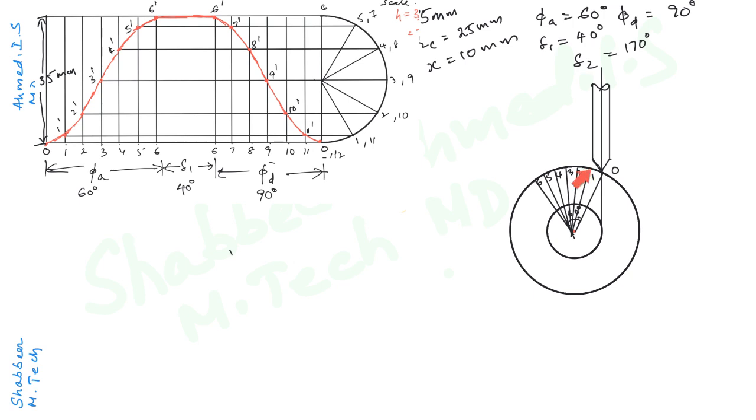Now from this point 1 we have to draw a tangent to this offset circle and extend that line outside. Similarly from point 2 we draw a line which is tangent to this offset circle and extend it. So similarly from 3, 4, 5 and up to 6. So from all of these 6 points you draw a tangent to this offset circle.